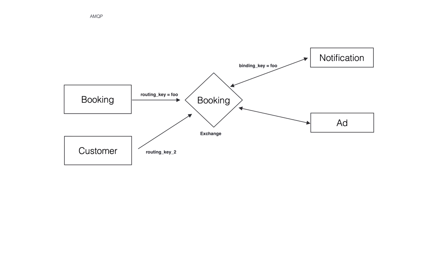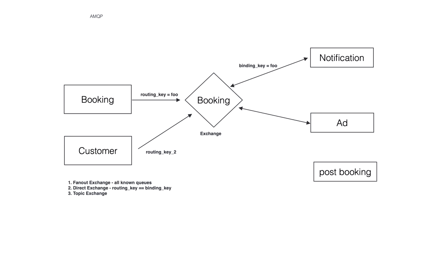So let's say I want to have any booking related information present to me. There could be another consumer which consumes all the post booking information. Let's say we call it the post booking service. Now any booking information goes here.